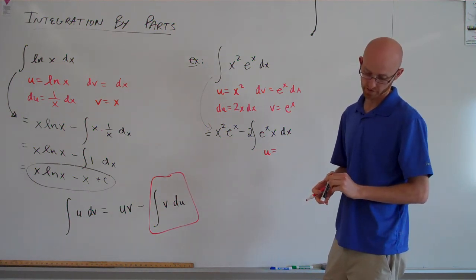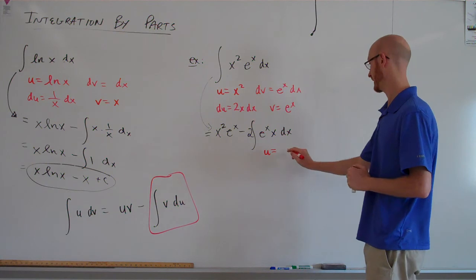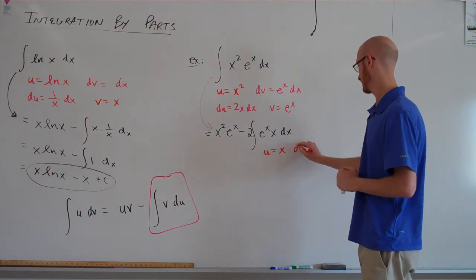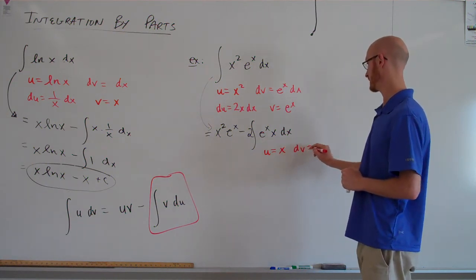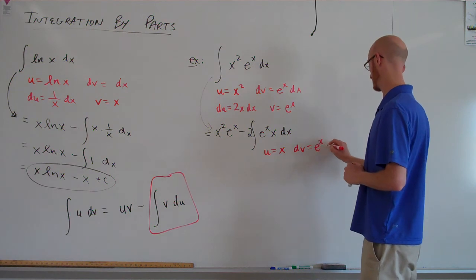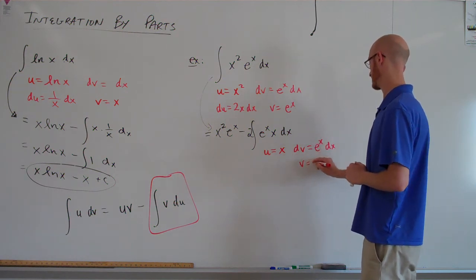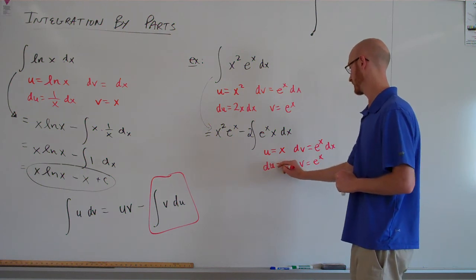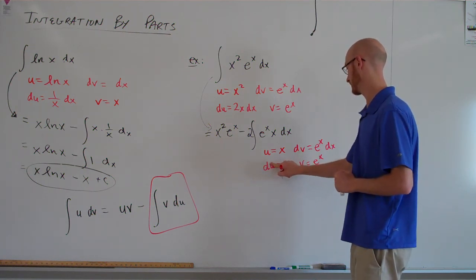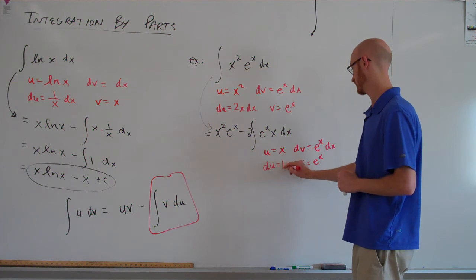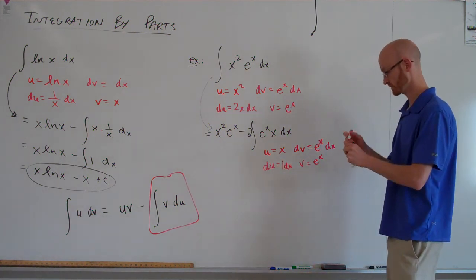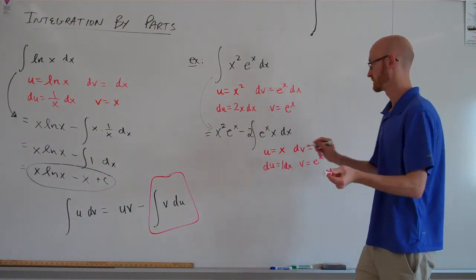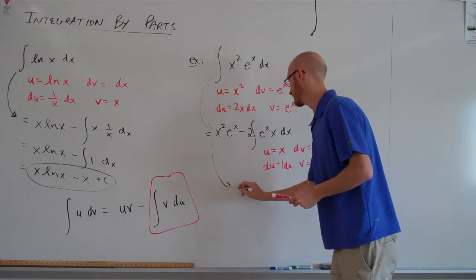So let's let u equal x and dv equal e to the x dx. Of course, v is going to be e to the x again, but du is now 1 dx. So again, we rewrite our integral.